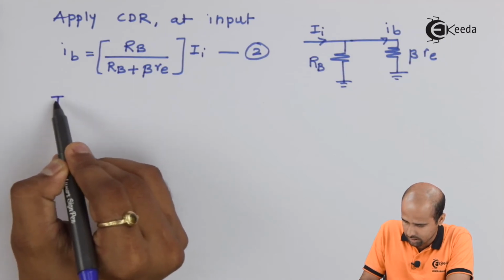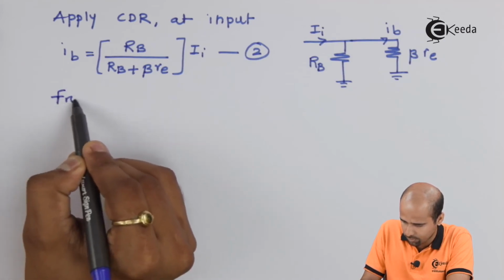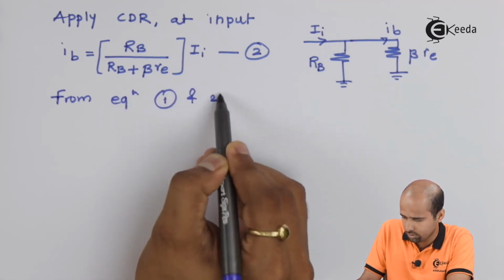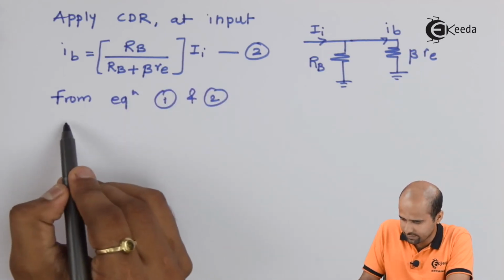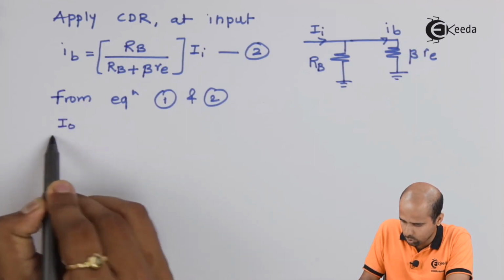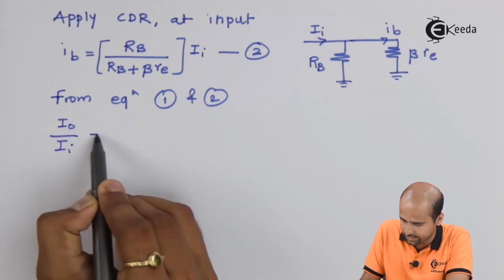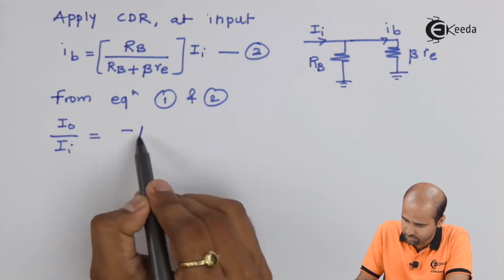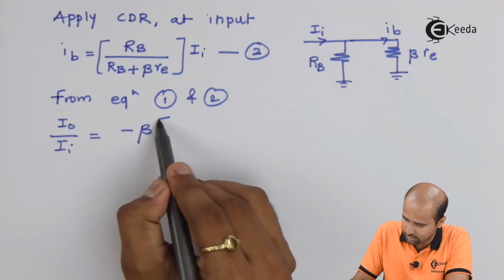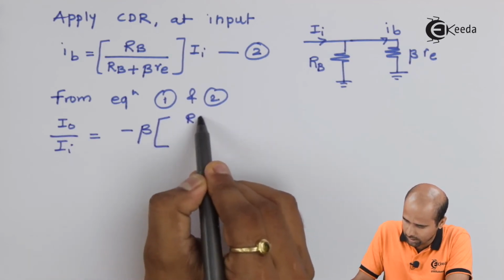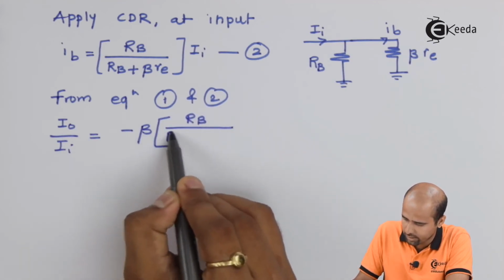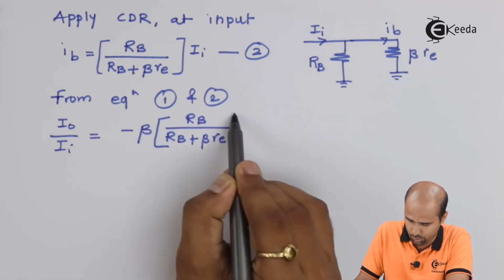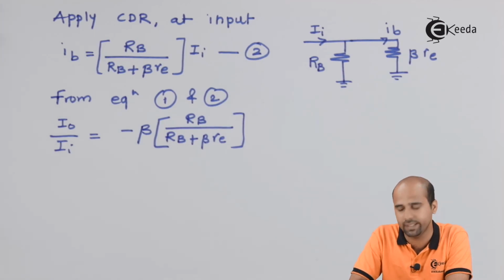Now from this we will be getting the value of current gain. So from equation 1 and 2 again we will be getting the value of IO divided by II directly as minus of beta into RB divided by RB plus beta into small re.